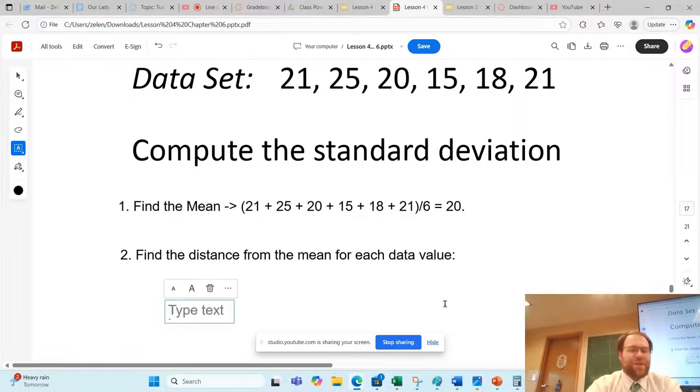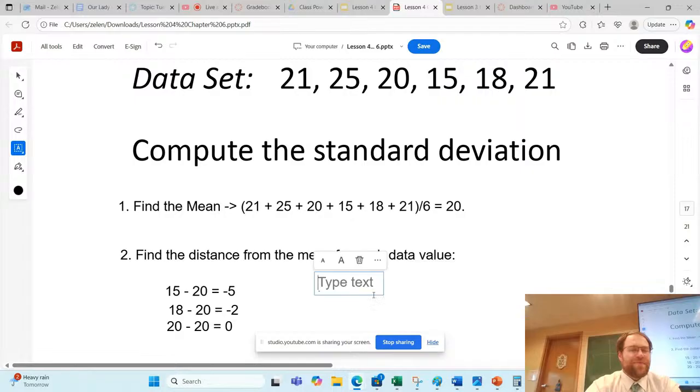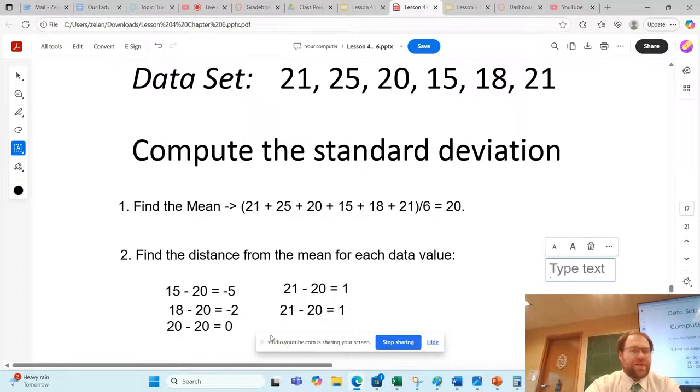The next one would be 18 minus 20, so -2. Then 20 minus 20, 0. We have 2 21s, so 1 and 1, and then 25 minus 20, 5.